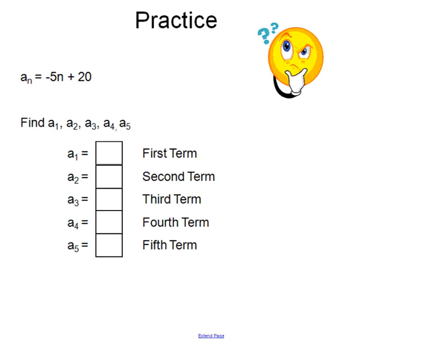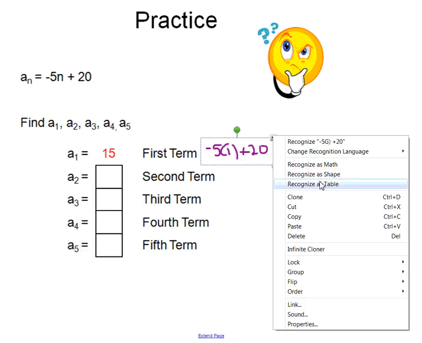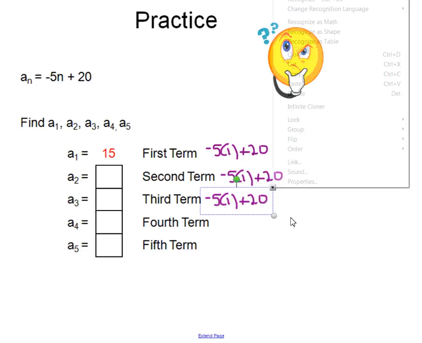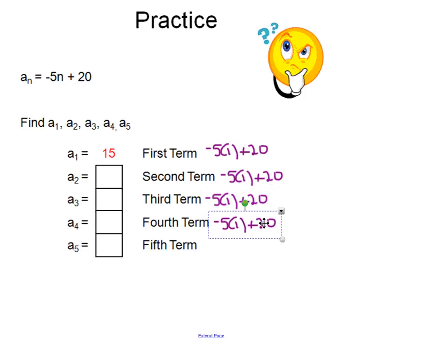Let's try another one. All right, this one, we have a different rule. My first term is negative 5 times 1 plus 20. All right, and that gives me 15. Now, I'm going to use the lovely land of Mathemagics, and I'm going to do some cloning, because Mrs. Peters doesn't write really well when she's just doing it on the computer.